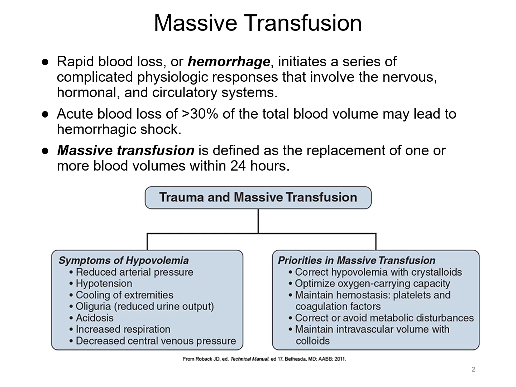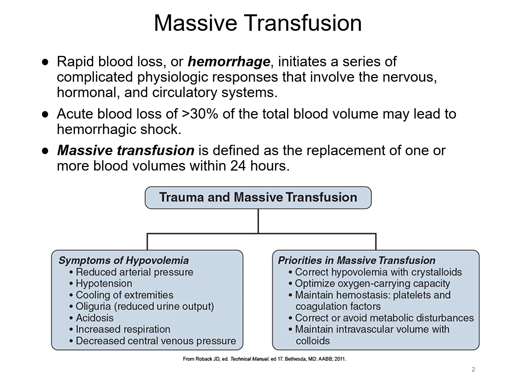And with that, you have symptoms of hypovolemia. When you have that rapid loss of blood volume, it can cause various responses within the body, including reduced arterial pressure, hypertension, cooling of the extremities, a reduction in urine output, and acidosis, so that acid-base balance starts getting out of whack.